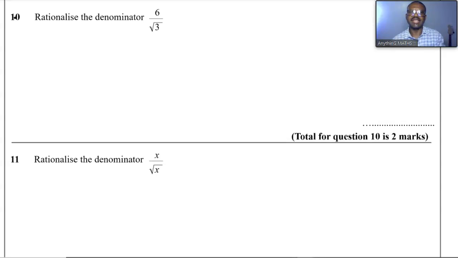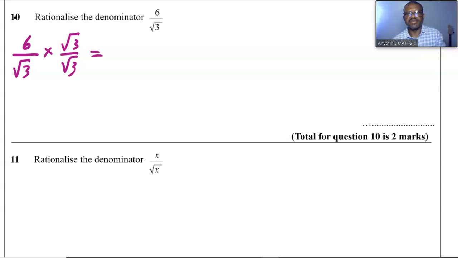Rationalize the denominator: 6 over root 3. So we don't want the root 3 to be the denominator. We want it to go to the top. We use the trick. Instead of multiplying by 1, we multiply it by root 3 over root 3, which is the same as 1.